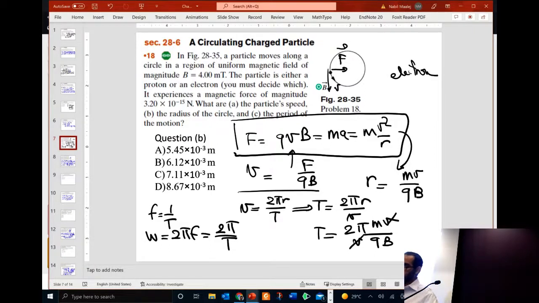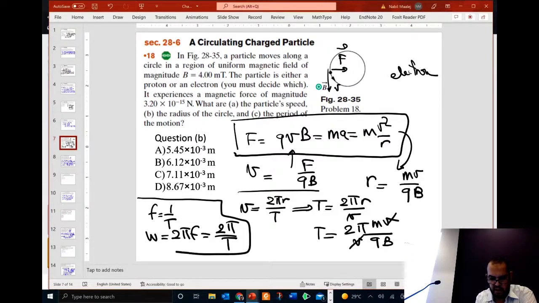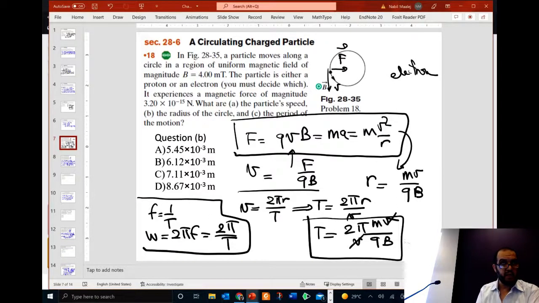The frequency is how many rotations per second. The period is how long it takes for a full rotation. So if you remember this relationship, if you solve for T, you can get the frequency, you can get omega, and so on.